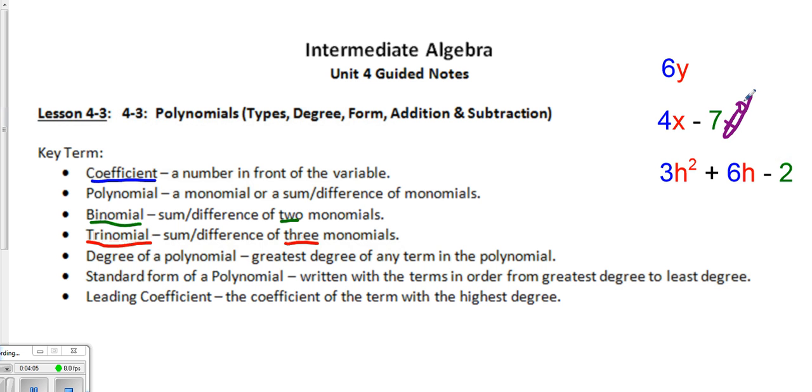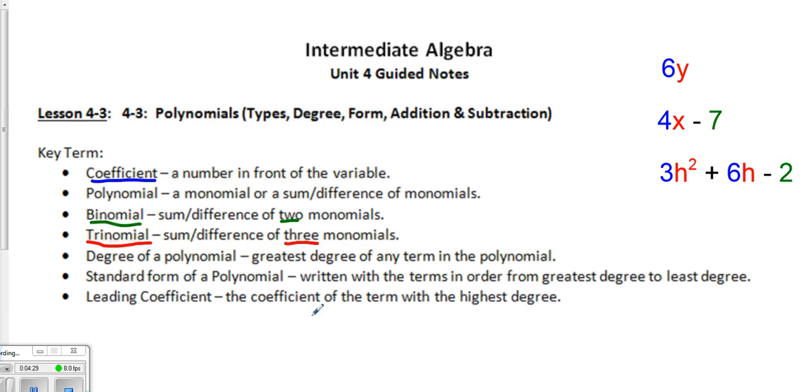So it's like we don't even need to include that. So this is x to the first power. This is an x to the 0th power. So we would say that the degrees are 1 and 0, degree 1 comes first, degree 0 comes last. So that would be a standard form, just writing each term in order of their degrees.